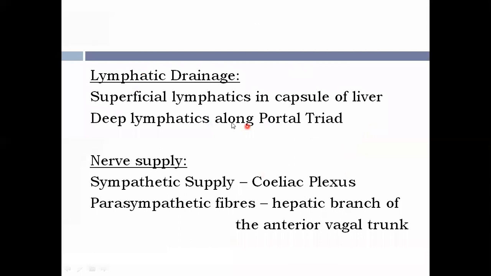Then what about lymphatic drainage? So we have superficial and deep lymphatics, right? The superficial lymphatics are present over the capsule of the liver. The superficial lymphatics from the posterior aspect of the liver are drained into the posterior mediastinal lymph nodes. What about the anterior? From the anterior aspect, the superficial lymphatics are drained into the hepatic nodes that lie around the porta hepatis.